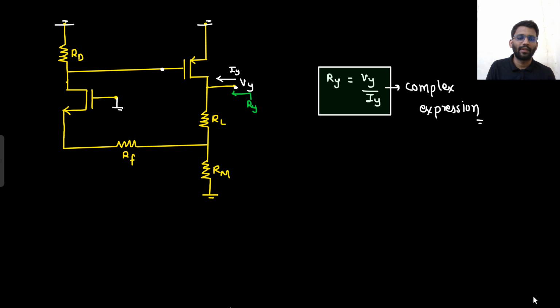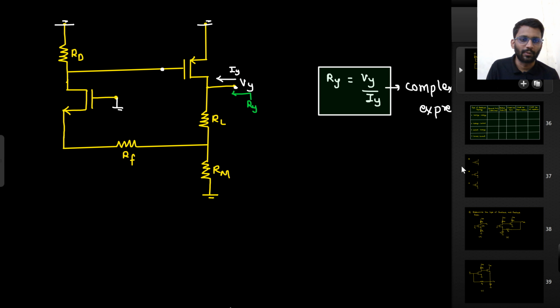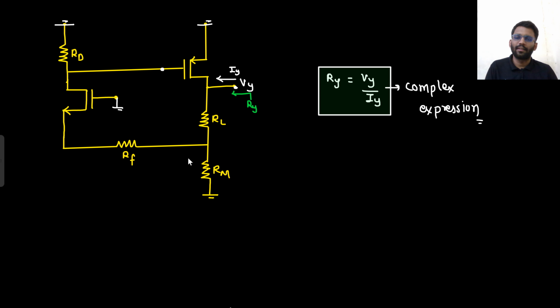So now we are going to apply the concept of feedback topology, and with it we are going to solve all those problems. Because here at Ry, we have given up, okay? We have given up here because that was very complex.